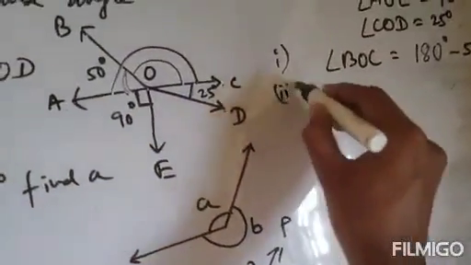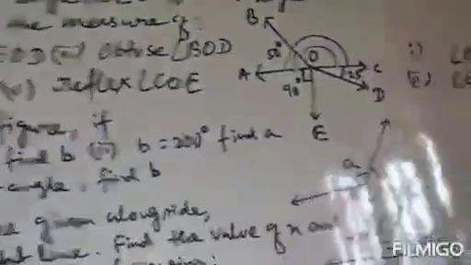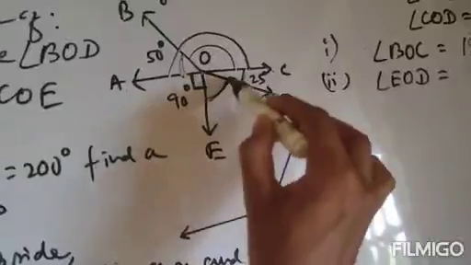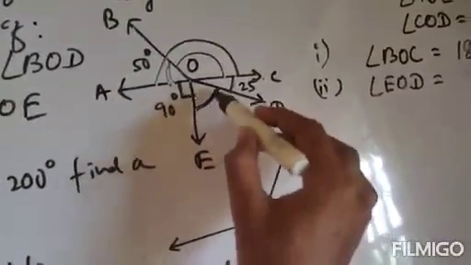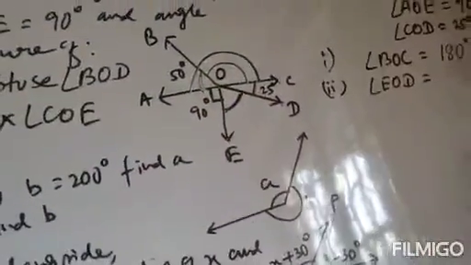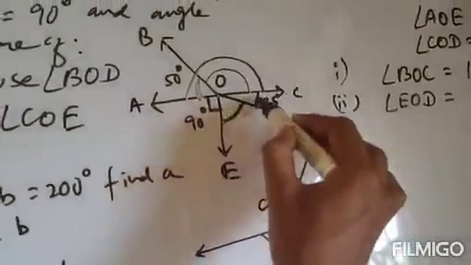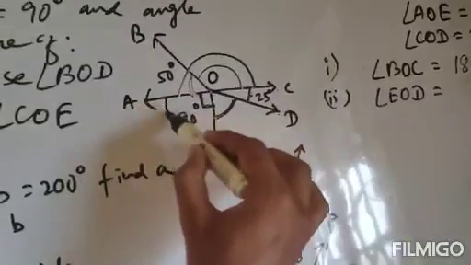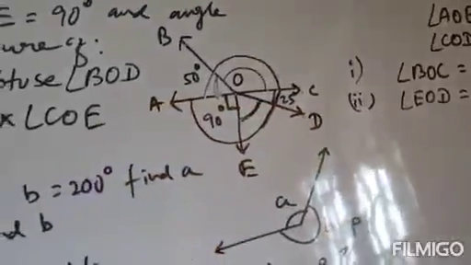Now the second part, angle EOD. You have to find angle EOD, that means this portion. This portion is 90 degree, this portion is 25 degree, and we don't know this portion. This total portion is also 180 degree, because it is also a straight angle.